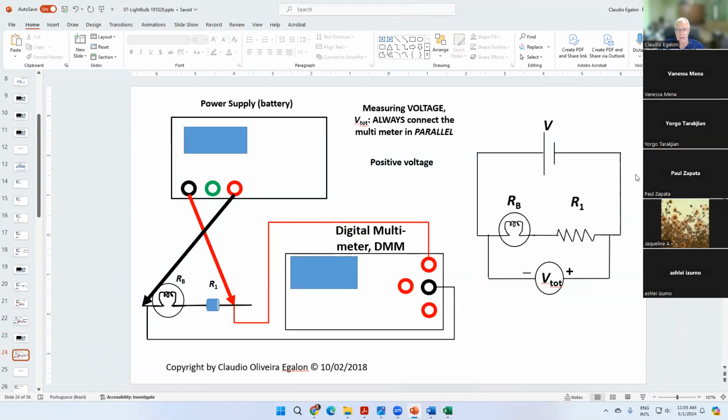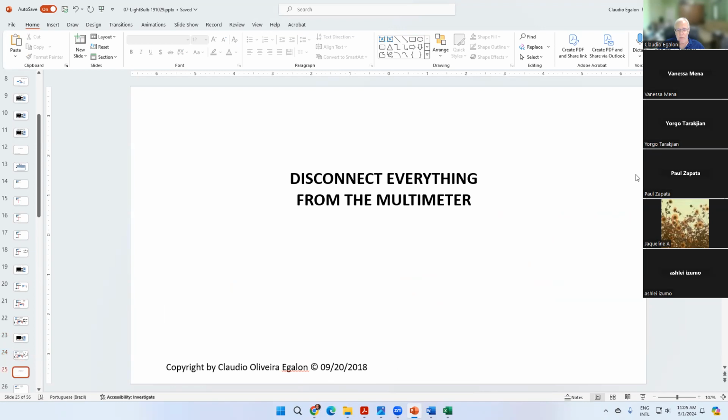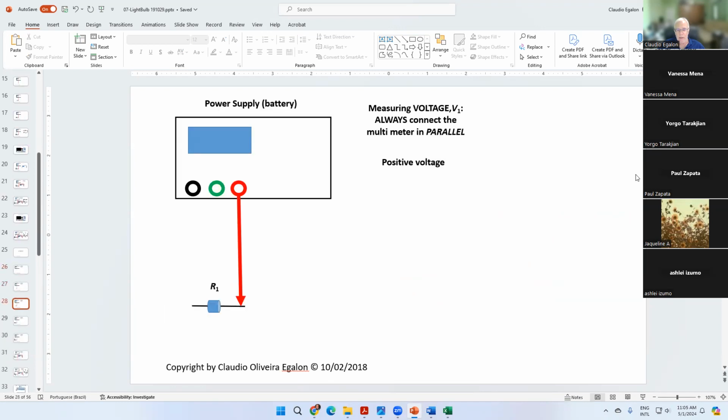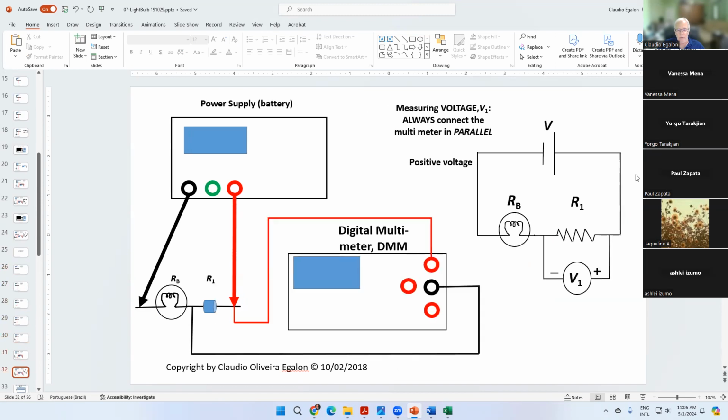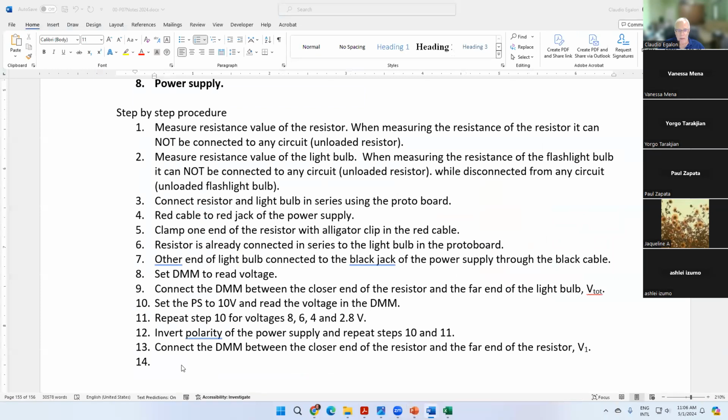We did the negative V total, so disconnect everything and start all over again. The multimeter is going to be connected between the two ends of the resistor, one end here, another end here. Then you repeat the same steps we did before, 10, 11, 12.